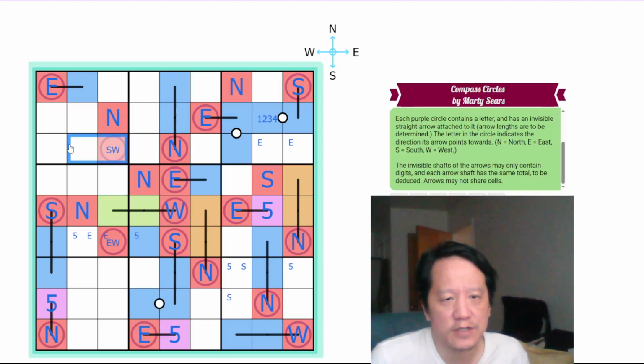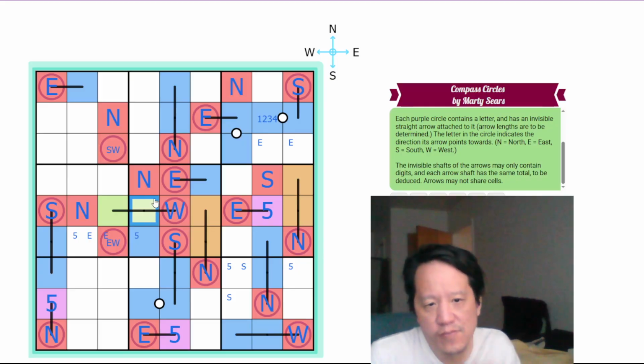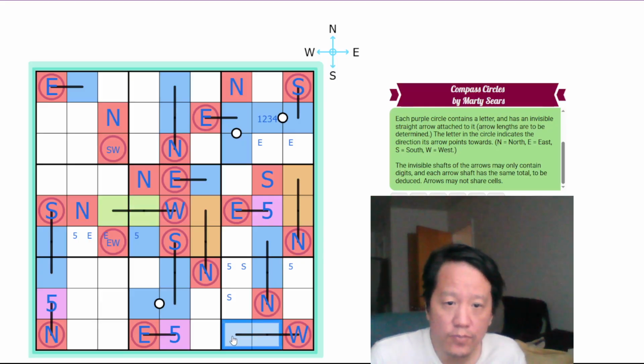If it's west, that's fine. These digits add up to 10, and so they have to be different than these. So we'll mark these as yellow and these as medium. This could be... Oh, wait, can't be orange. This has to be 2 greens. So this is green, which makes this orange.